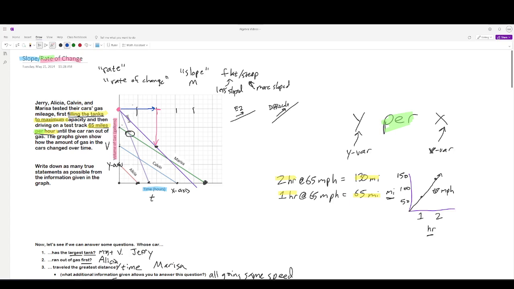The amount of x change we call delta x, which is like a triangle, and the amount that y changed is change in y. So from this point to this point, my change in x and change in y are what we call rise and run.